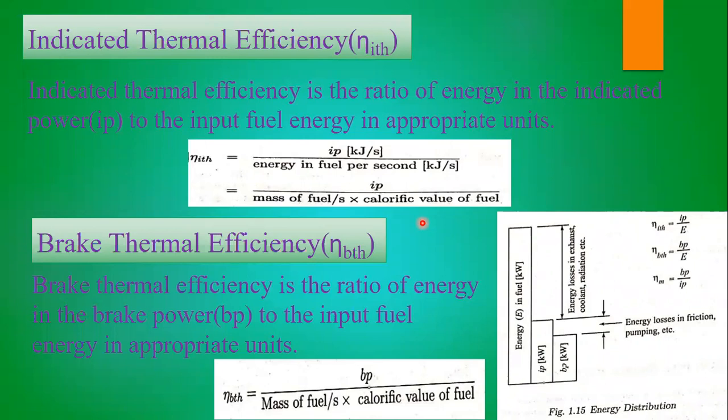And mass of fuel here is the mass flow rate of fuel: per second, how much fuel gets into the combustion chamber. In that way we can calculate the energy in the fuel per second. That is the indicated thermal efficiency.